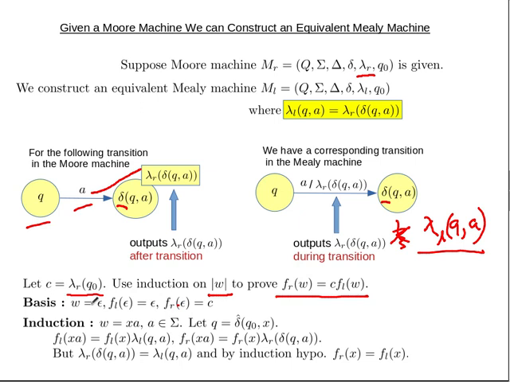And if you are using some W, you break it down into X A. You assume that your induction hypothesis holds for X. So by the induction hypothesis, you already have this.